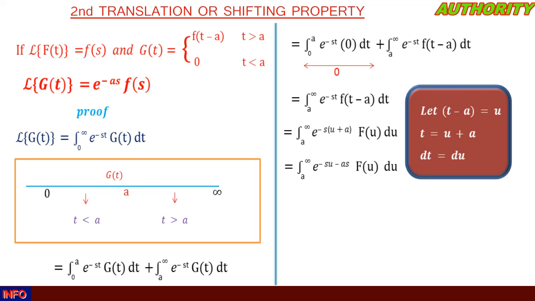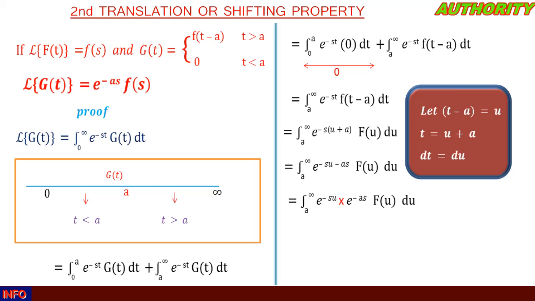All right, good. Now, in the law of indices, we can combine and we can still separate, right? Good. Then we say that e raised to the power of minus su minus as is the same thing as saying e raised to the power of minus su times e raised to the power of minus as.